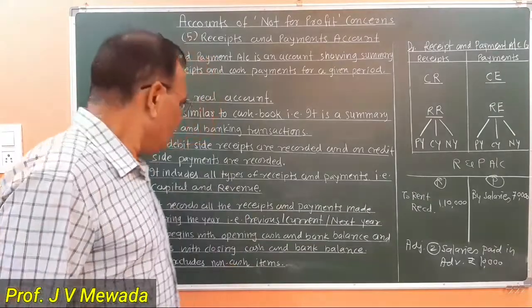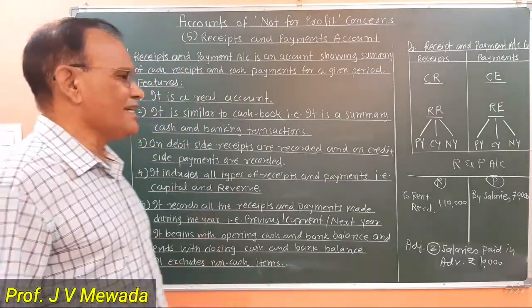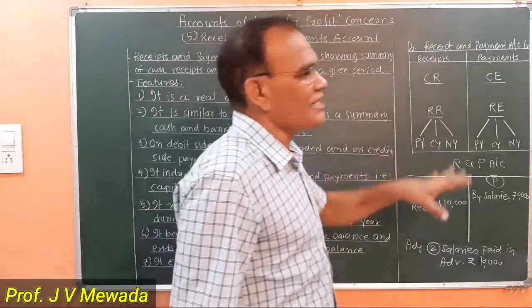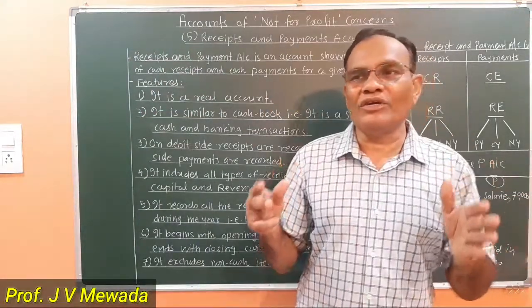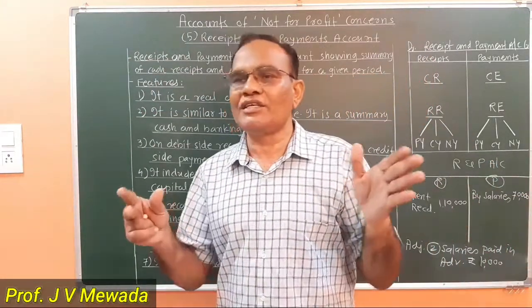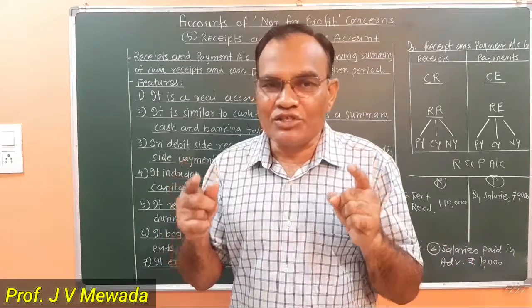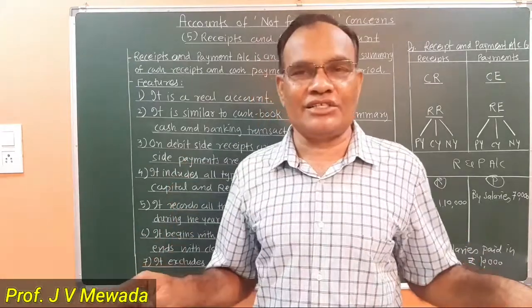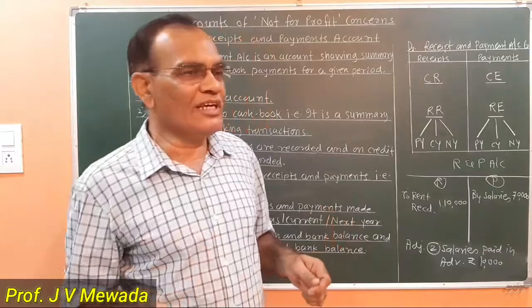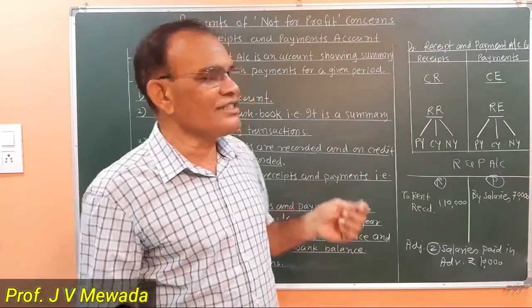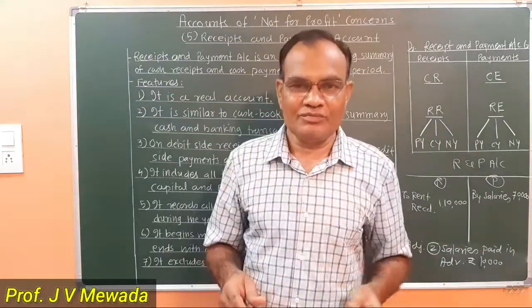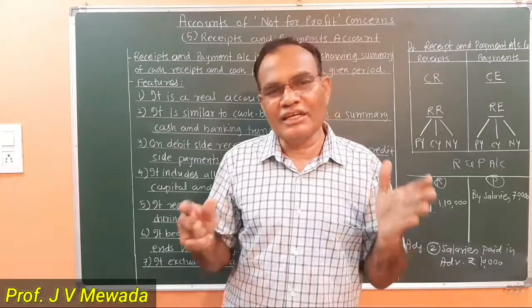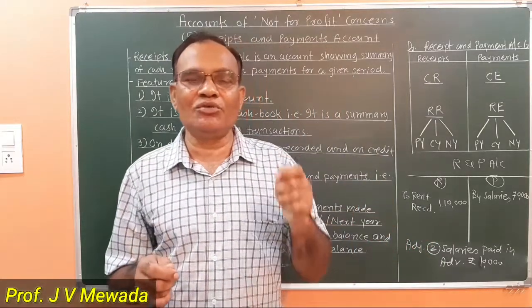Now, it excludes non-cash items. Receipt and payment account, as I told you, is recording only cash transactions. It means it excludes all non-cash transactions. Which are the non-cash transactions? There are transactions such as depreciation, bad debts. So these are the transactions which are not related to cash.